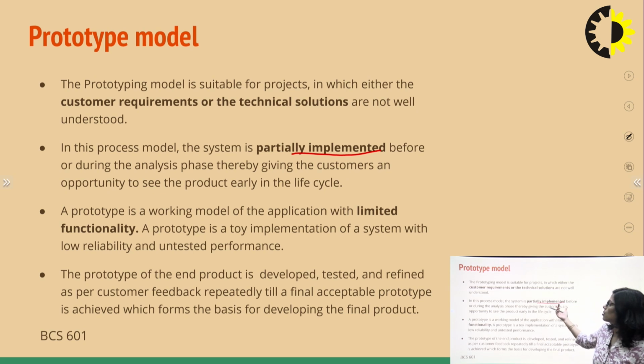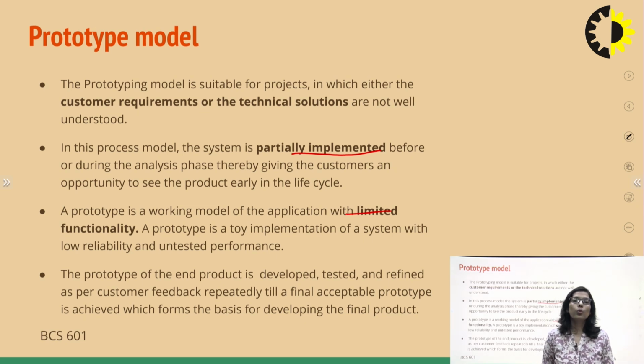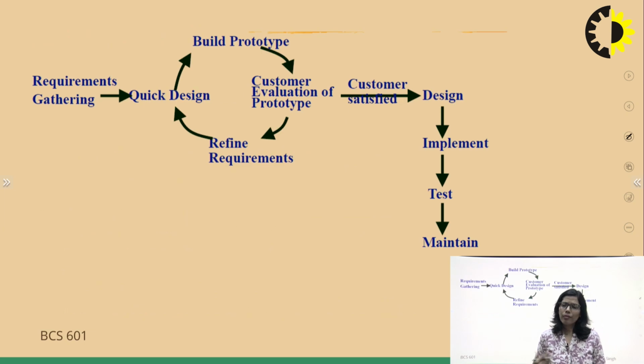So here we create the prototype with limited functionality, and we show that prototype to the user. Now, if the user is satisfied with the prototype, we can move ahead to code it. Otherwise, we will again make the changes. So you can see in requirement gathering, we gather as much requirement as we can, and then we perform a quick design, we build a prototype, and then we get that prototype evaluated by the customer.